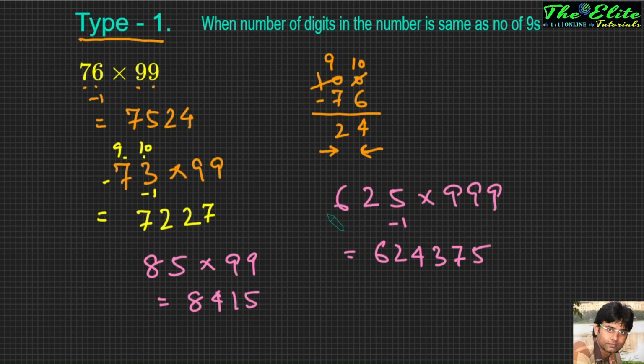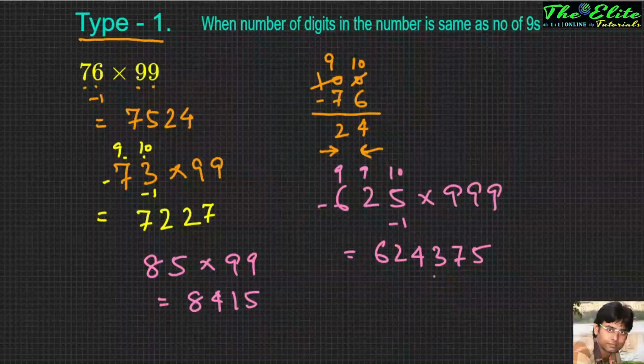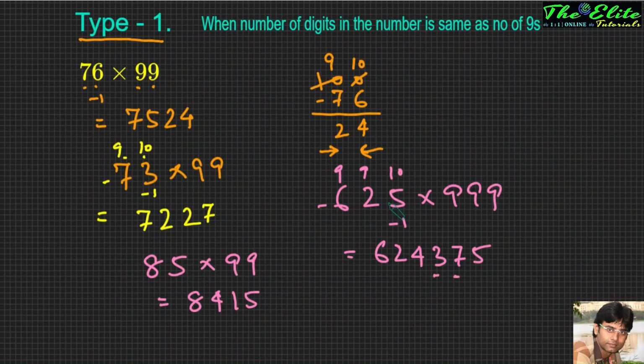Why? Because you are subtracting this from 9, this from 9, and this from 10. So 9 minus 6 gives you 3, 9 minus 2 gives you 7, 10 minus 5 gives you 5.